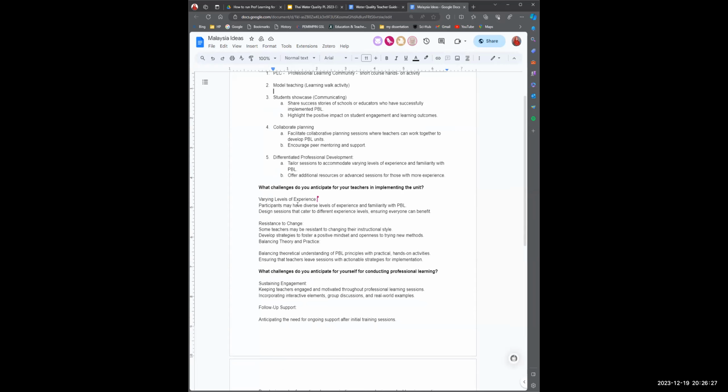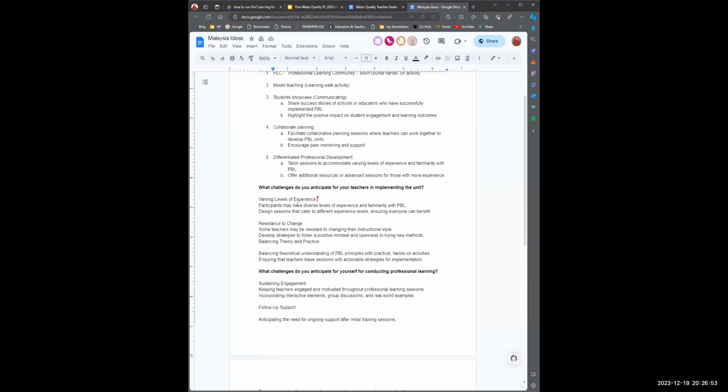And then one of the challenges that we shared previously amongst our colleagues is students hesitant in collaborating and working with each other. So these are the things that teachers need to experience in order to anticipate the problems.